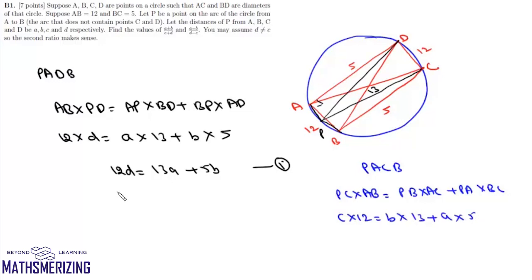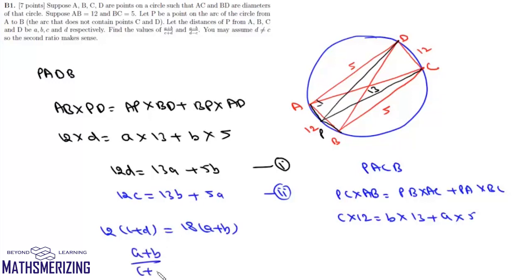So the other equation we'll get is 12C equal to 13B plus 5A. Now we'll add them, we'll get 12 into C plus D equal to 18 into A plus B. Now we'll divide it, we'll write A plus B upon C plus D equals 12 by 18, which is 2 by 3. So value of this first expression is 2 by 3.